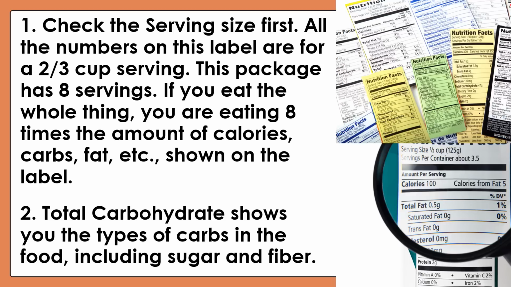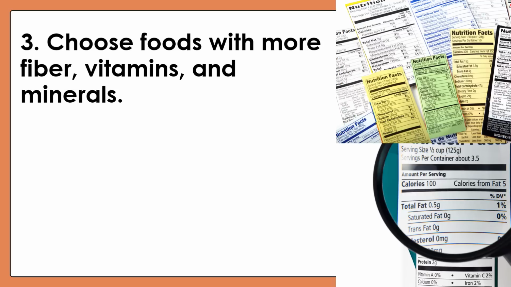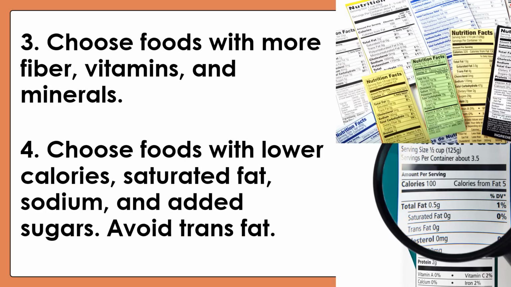Total carbohydrate shows you the types of carbs in the food, including sugar and fiber. Number 3, choose foods with more fiber, vitamins, and minerals. Number 4, choose foods with lower calories, saturated fat, sodium, and added sugars. Avoid trans fat.